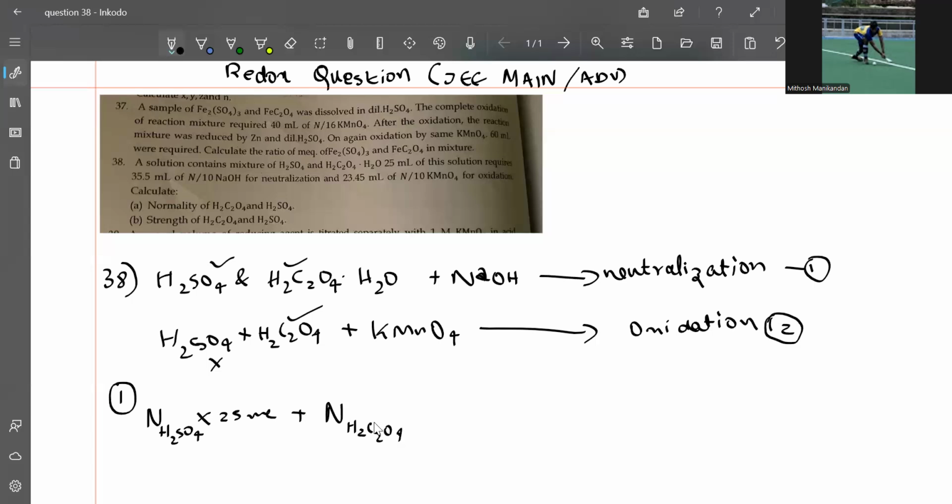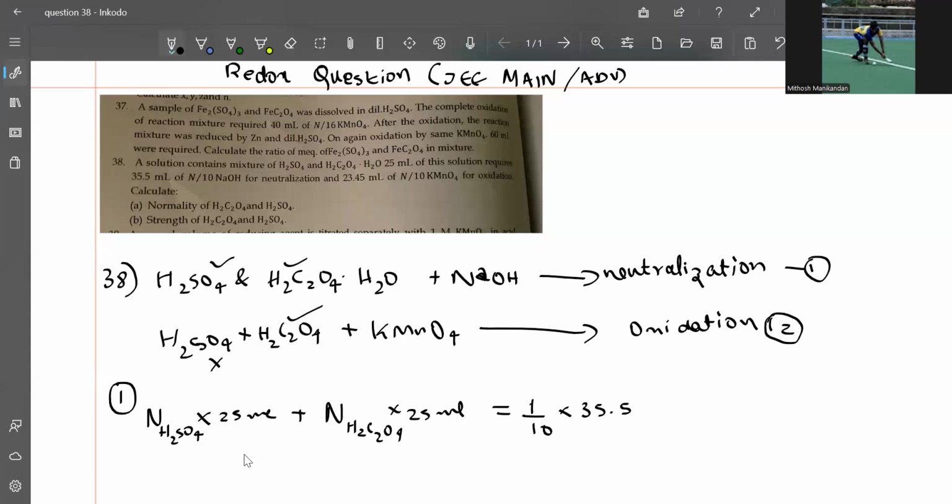This is complete neutralization, so we can assume that H2C2O4 is also fully dissociated and fully neutralized. 25 milliliter times this should be equal to the normality of NaOH, 1 by 10, multiplied by 35.5.